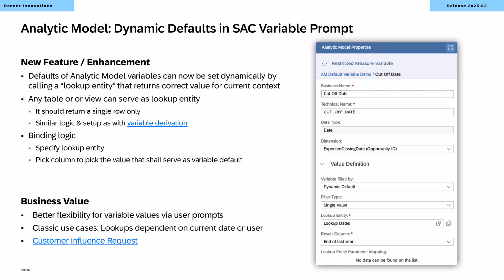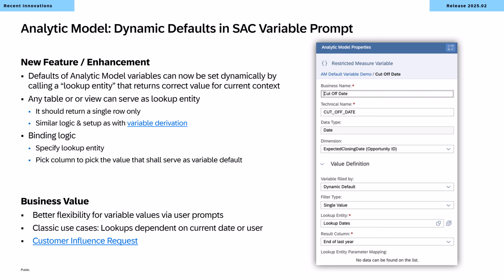And as you see on the screen, I have a variable here, defined cutoff date, that is of type date. In this case, it's linked to a dimension because I'm using it as a restricted measure variable, but the same concept would totally work also for standard variables, reference date variables, whatever.